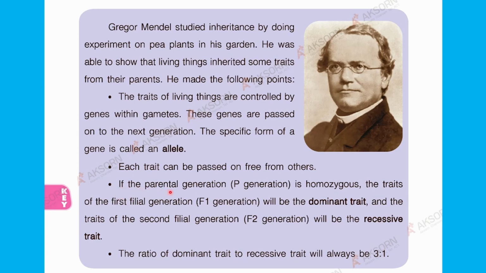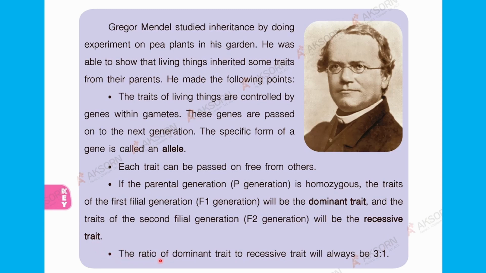If the parental generation, P generation, is homozygous, the traits of the first filial generation, F1 generation, will be the dominant trait, and the traits of the second filial generation, F2 generation, will be the recessive trait.